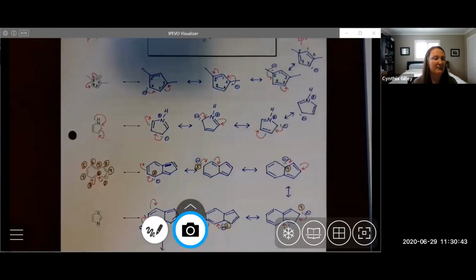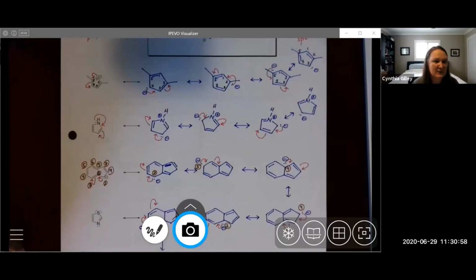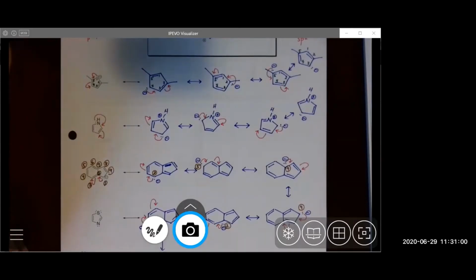There's only 4 students here today, but if any of you want to take a guess as to what orbital that lone pair is in? P, sp, sp2, sp3. In the p orbital, right? Yes, right.